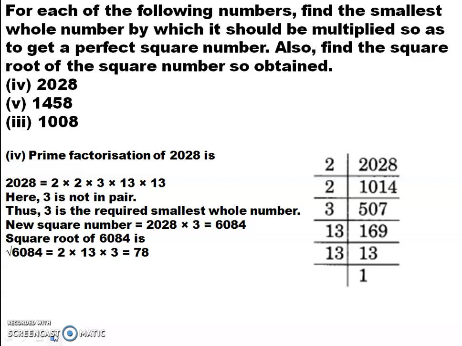When you get a question like this, you can see the word multiplied. That is the important word here, along with smallest whole number.